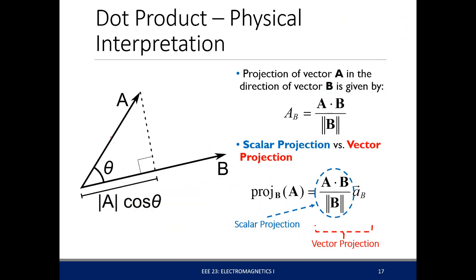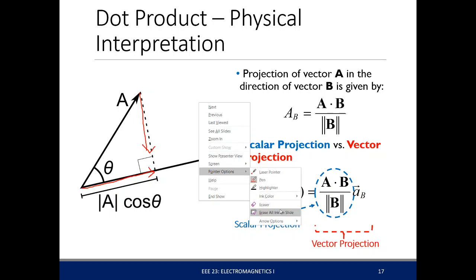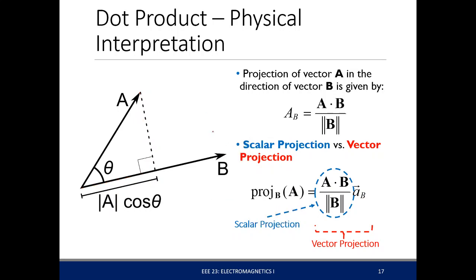Okay? So an interpretation of the dot product is when we make a projection of the vector on one direction. For example, if we get the dot product of A and B, we get the apparent length of A on the direction of B, or the component of A that is in the direction of B. Recall that each vector has components.